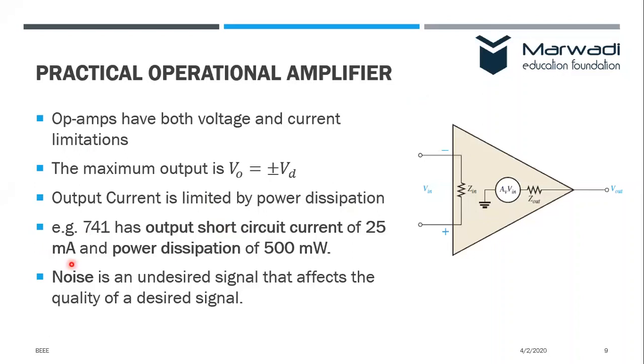That means if I short this terminal with the ground, then the maximum current allowed at the output is 25 milliampere, and the total power dissipation of this IC cannot exceed 500 milliwatt, that is 0.5 watt.